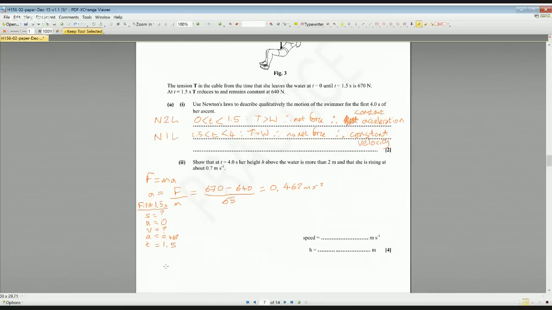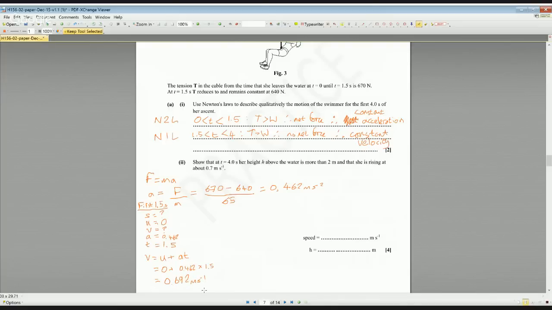So let's begin by trying to work out our velocity. We know v, u, a, and t. So the obvious equation to use is v equals u plus at. The initial velocity is 0. She's starting from rest. So 0 plus 0.462 times 1.5, and that gives us 0.692 meters per second.